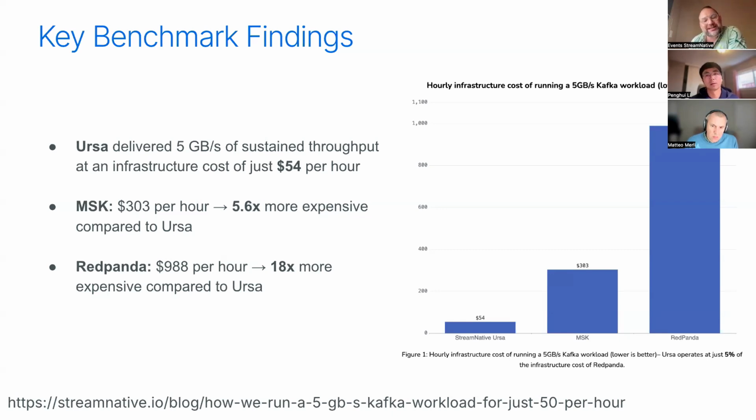We're going to go into the details of that during the whole webinar, and why the Ursa architecture is optimized to reduce those costs. But Matteo, if I can get you to summarize a little bit about this key finding, and then also let's introduce Ursa for anyone who isn't aware of it. Then we're going to get into a lot of details of Ursa as the webinar goes along.